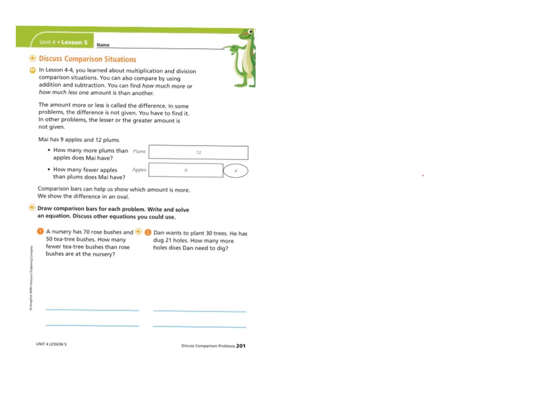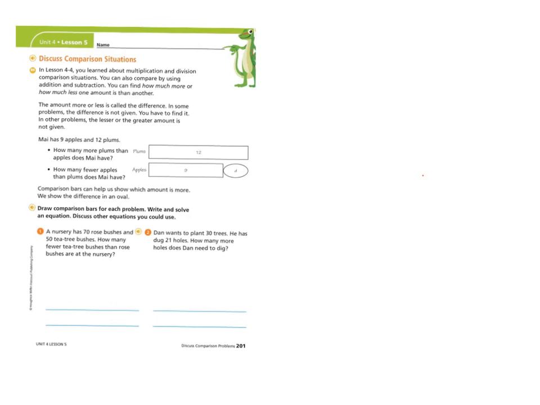You can also compare by using addition and subtraction. You can find how much more or how much less one amount is than another. The amount more or less is called the difference. In some problems, the difference is not given. You have to find it. In other problems, the lesser or the greater amount is not given.